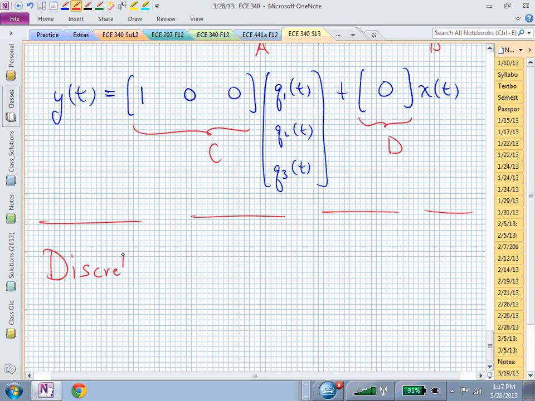Let's now look at a discrete time approximation of this third order low pass Butterworth state space representation.